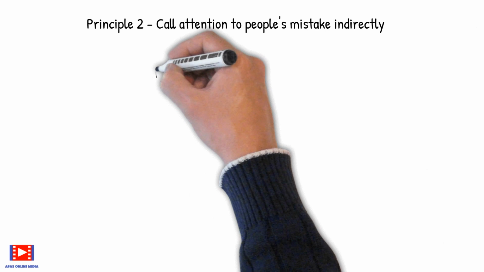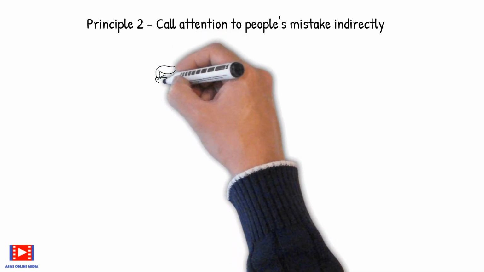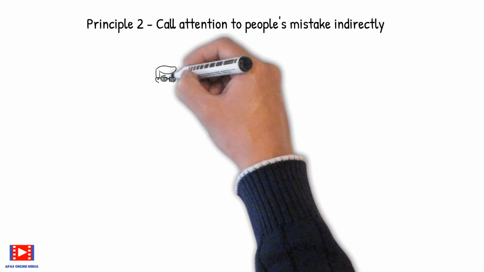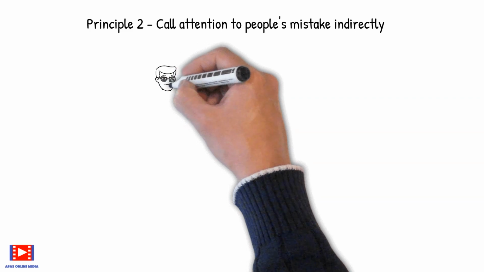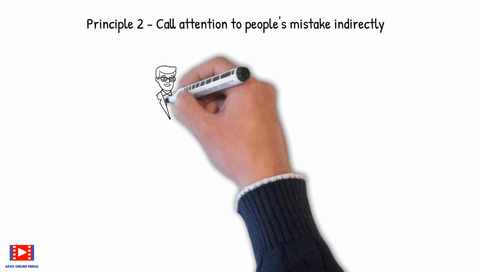Principle 2. Call attention to people's mistakes indirectly. Calling attention to one's mistakes indirectly works wonders with sensitive people who may resent bitterly any direct criticism.